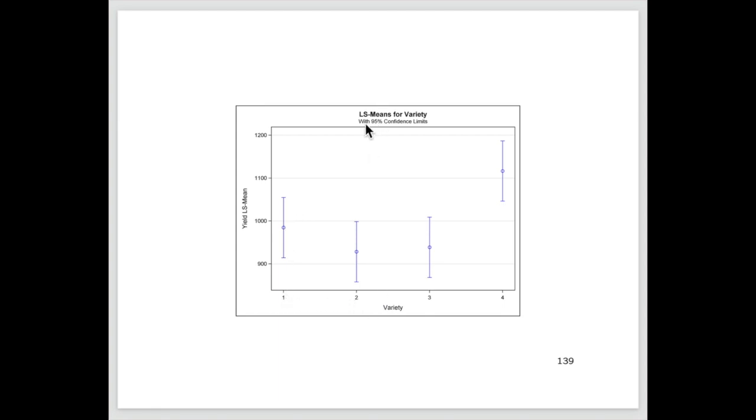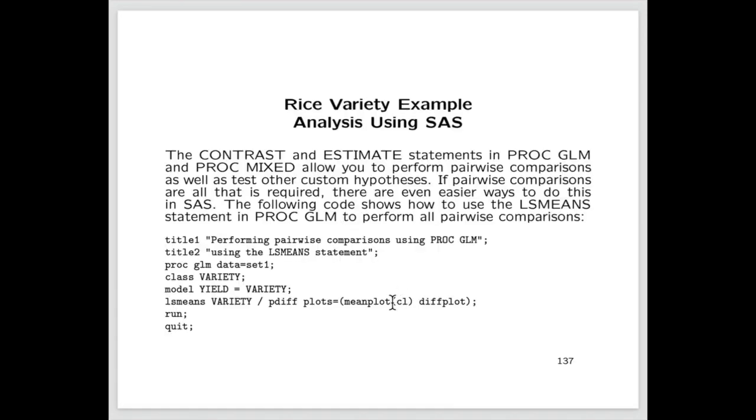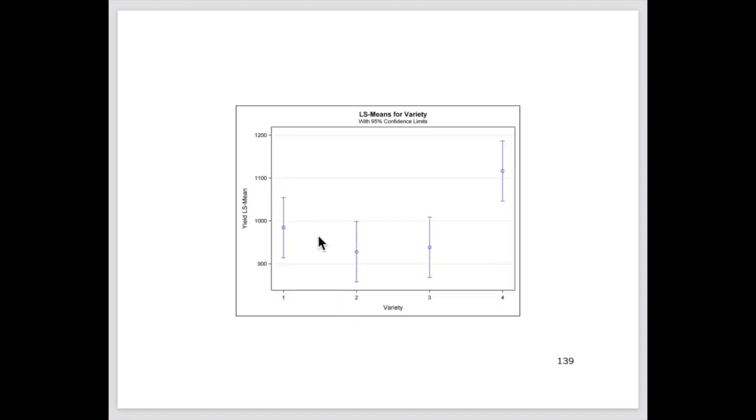So that's what is indicated up here in the titling of this plot. And the reason it's giving us those confidence limits is because we requested it in parentheses after the mean plot statement. If all we had was mean plot without that part, then it would not give us the intervals, it would only give us the locations of those circles.